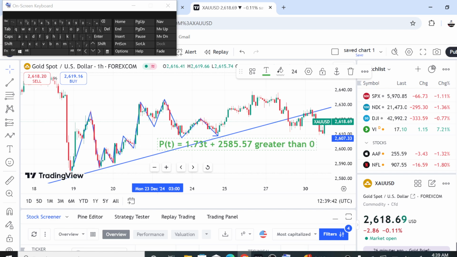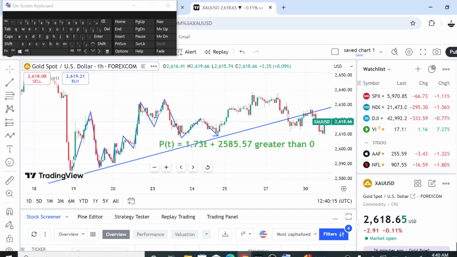Greater than 0. P of t is equal to those parameters, then greater than 0. Now what he's trying to tell you is that anything above this line is positive and anything below this line is negative. So for prices below this trend line, we will say that they are against the market characteristic, they are against what the market is doing.